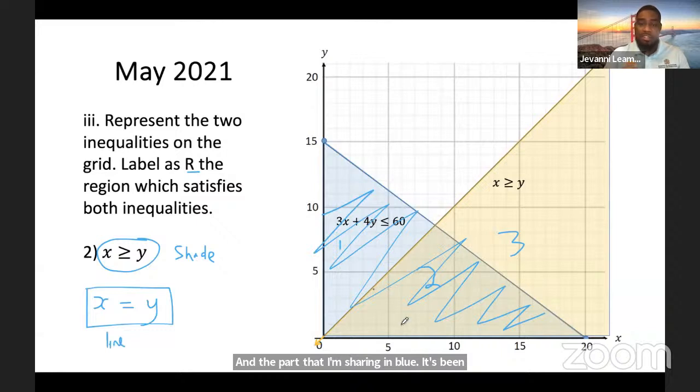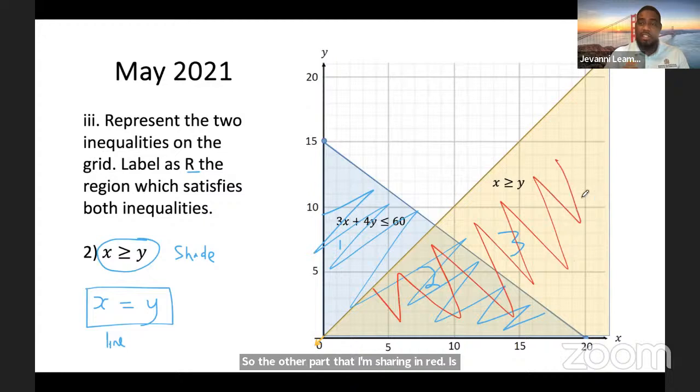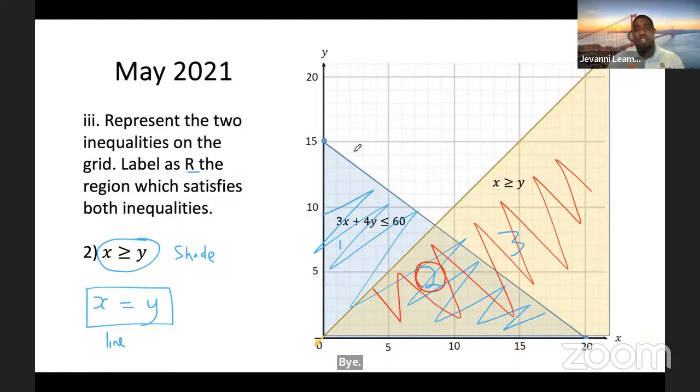The other part that I'm shading in red indicates the inequality x is greater than or equal to y. Where do you see the two colors overlapping each other? You see it at the point that I would have labeled 2, right? So that is something you can use to identify the feasibility region when you're ready. All right? Is everybody good with that?